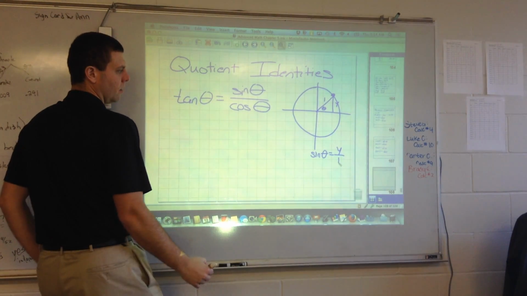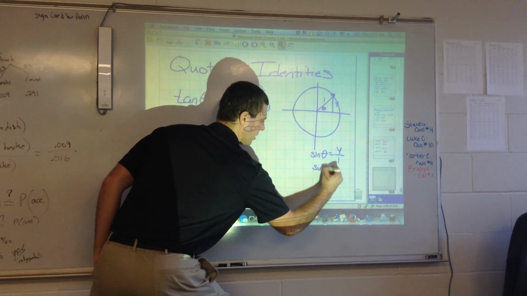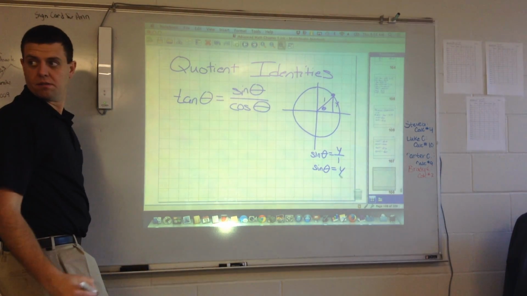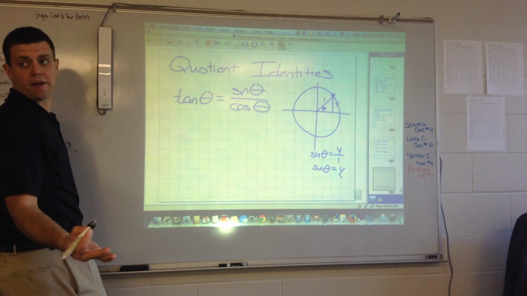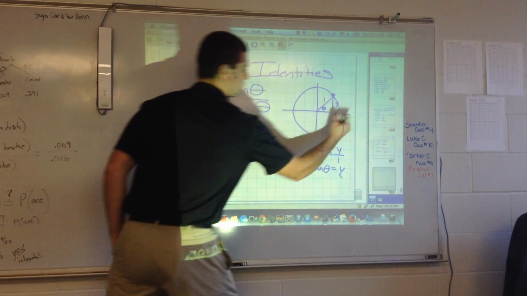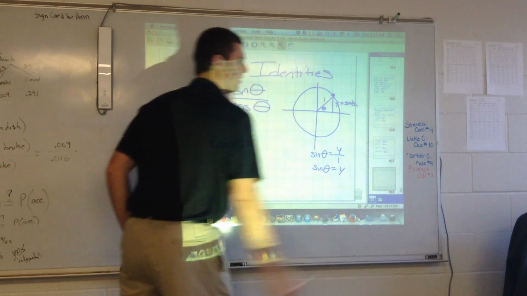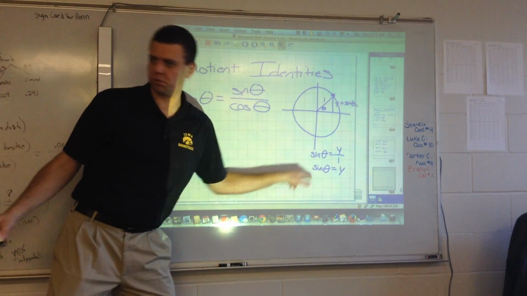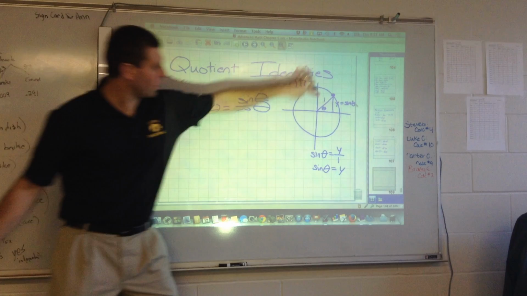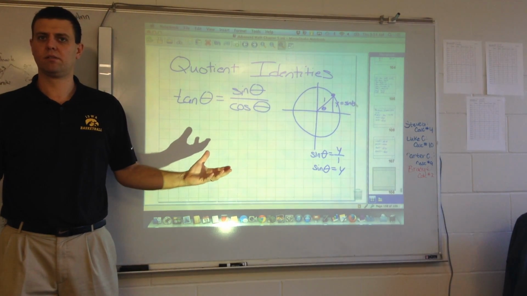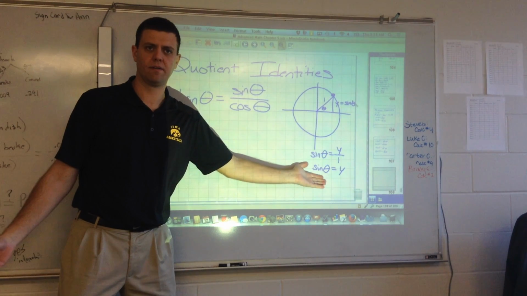Would you also agree that the sine of theta simply equals the y value, because y divided by 1 is y? And therefore, instead of labeling this y, couldn't I just label it sine theta? So the length of this side of the triangle would be sine theta. I kind of proved it to you right here.